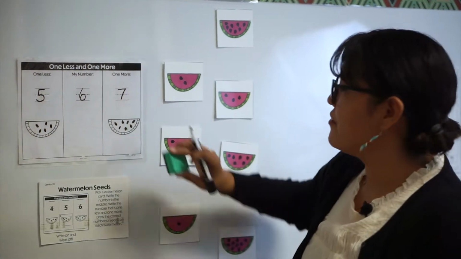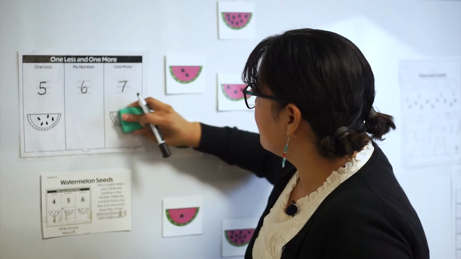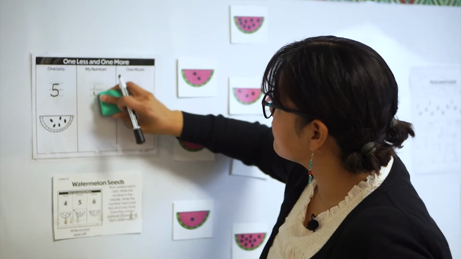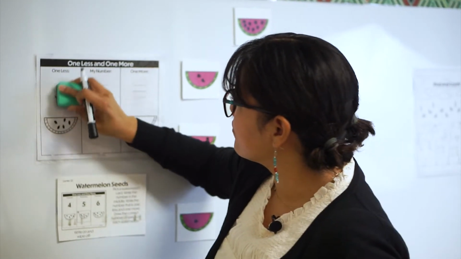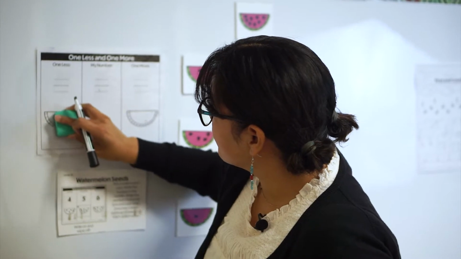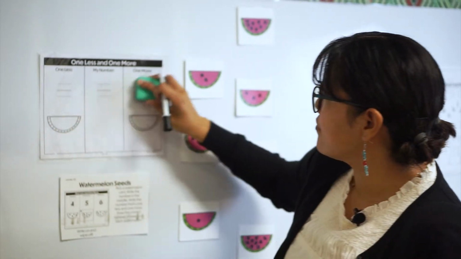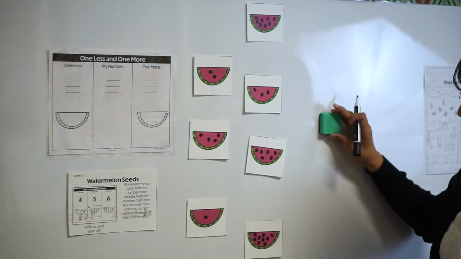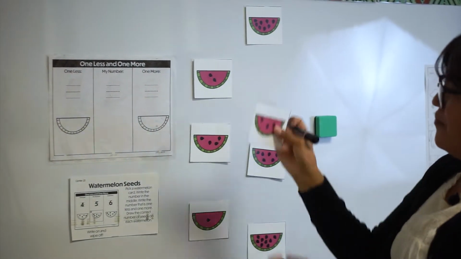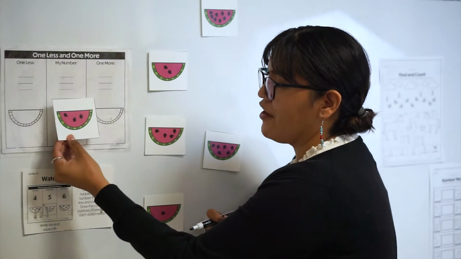Get a dry erase eraser, erase these. Okay, let's pick this one. Okay, put this card in the middle.